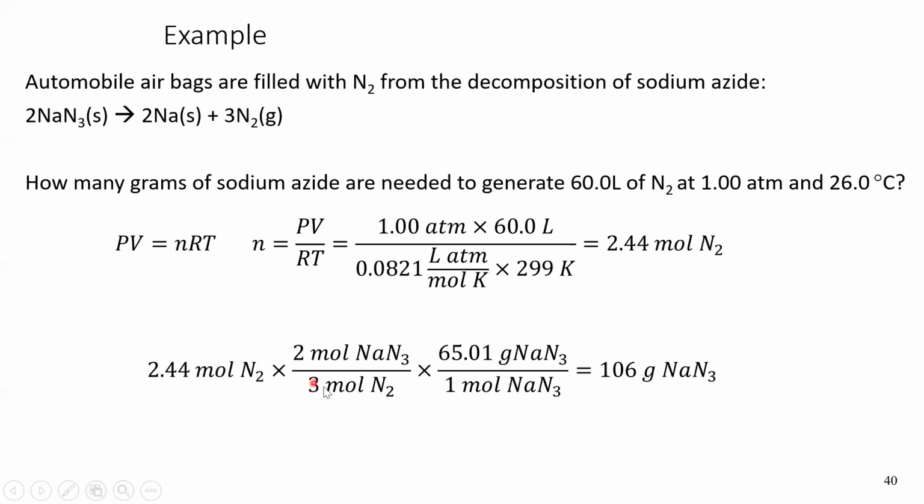The balanced equation tells us that 3 moles of nitrogen gas are produced for every 2 moles of sodium azide that is decomposed. And then the periodic table tells us that 1 mole of sodium azide equals 65.04 grams of sodium azide. So we would need 106 grams of sodium azide in order to produce this amount of gas.